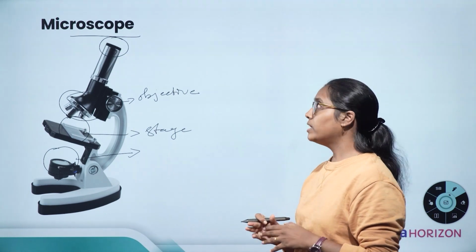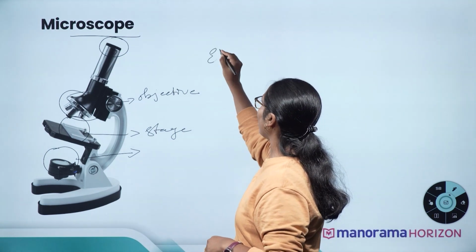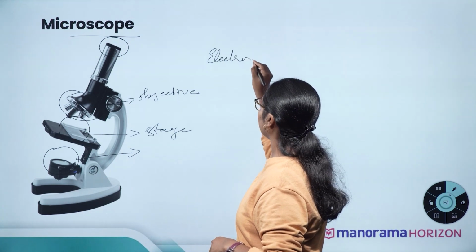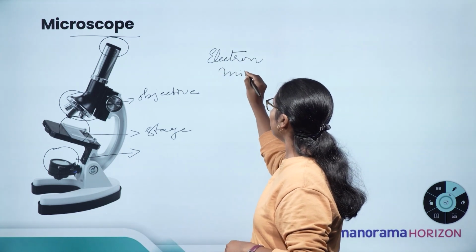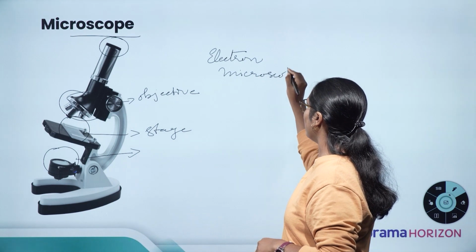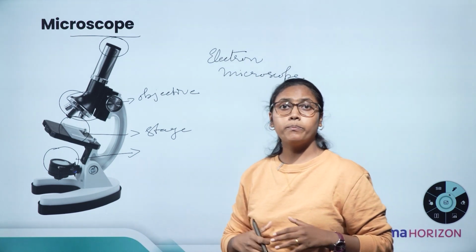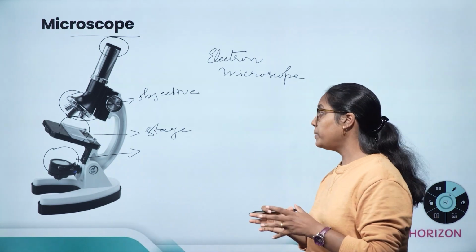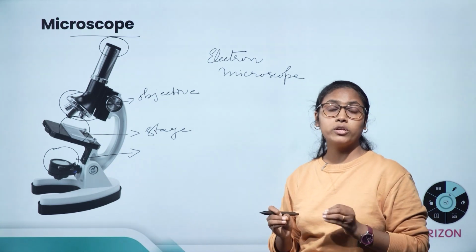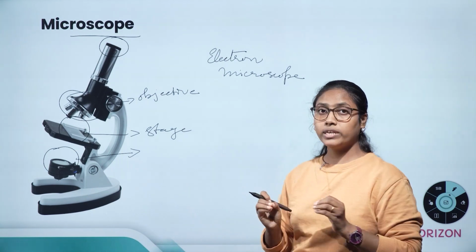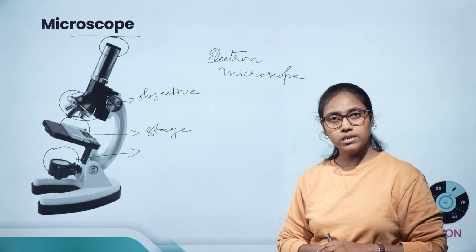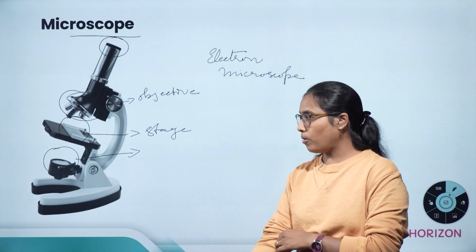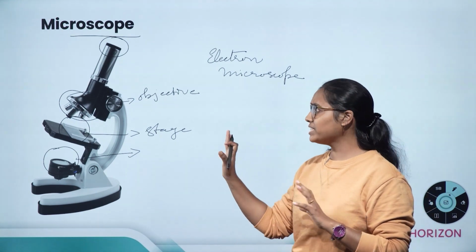For that, we require a microscope called the electron microscope. The electron microscope magnifies the image thousands and thousands of times, so we will be able to see every molecular element present in a cell or any other object. So is it clear?